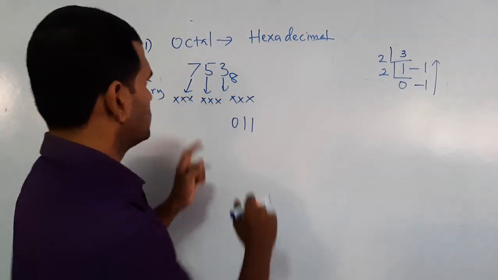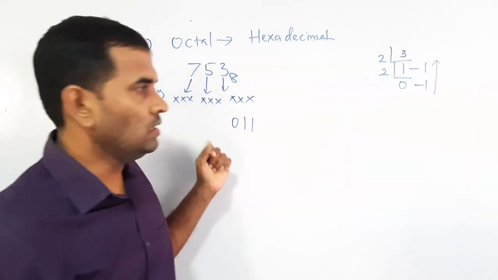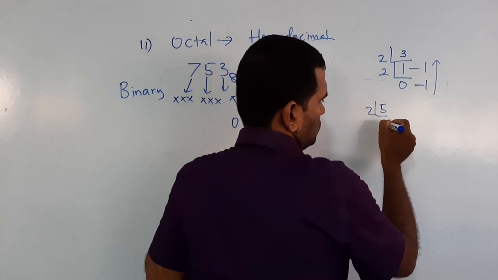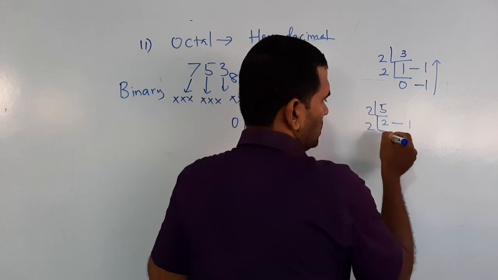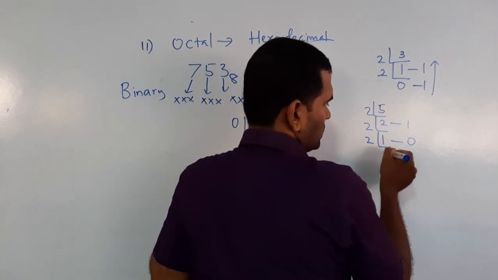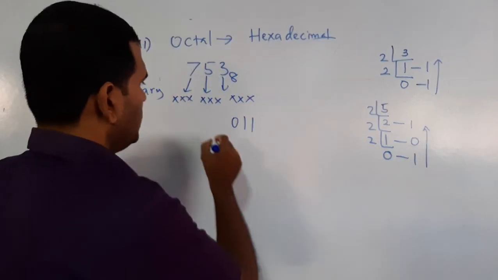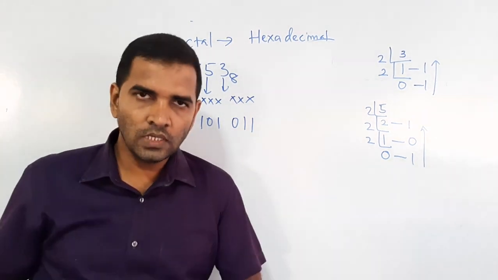So that is correct. Now 5 should be converted to binary. So check that 5. Divide by 2, 2 quotient, 1 remainder. Divide again, 1 quotient, 0 remainder. Divide again, 0 quotient, 1 remainder. So it's going to be 1, 0, 1. Make sure that you have 3 digits there.